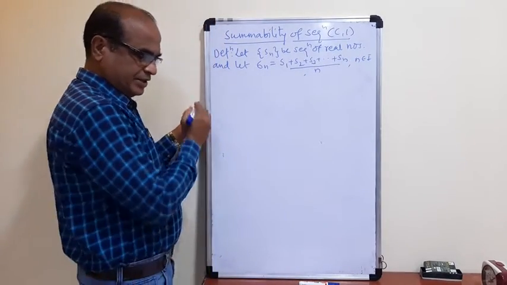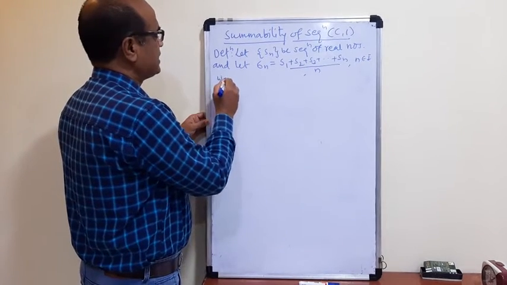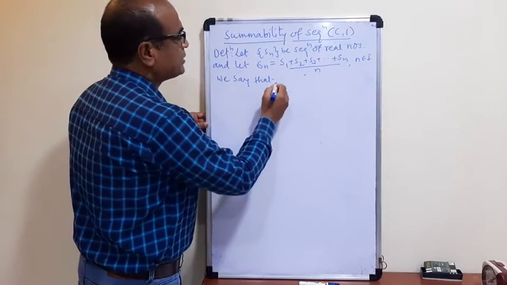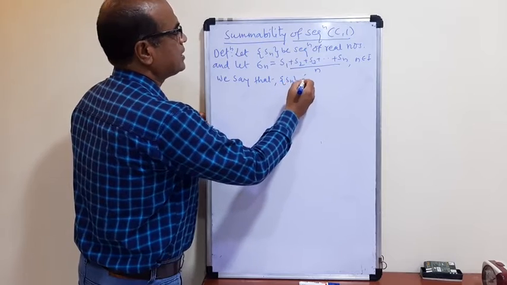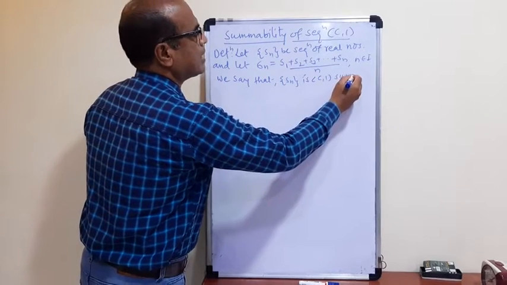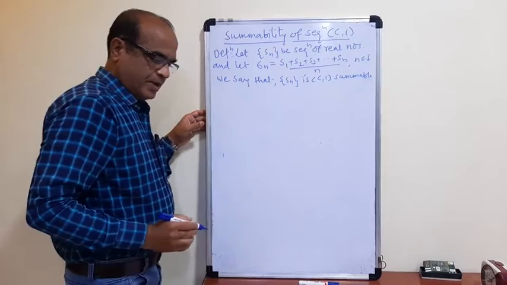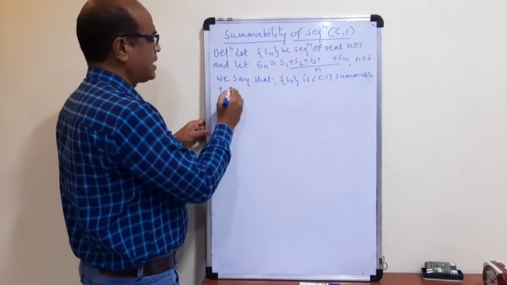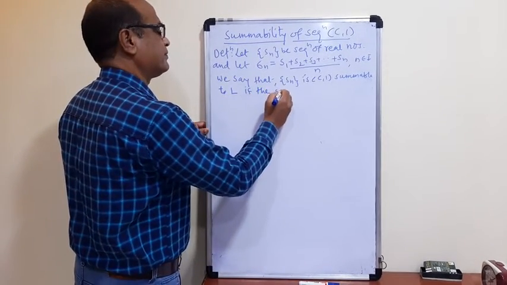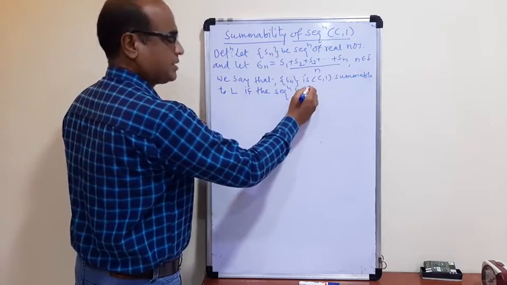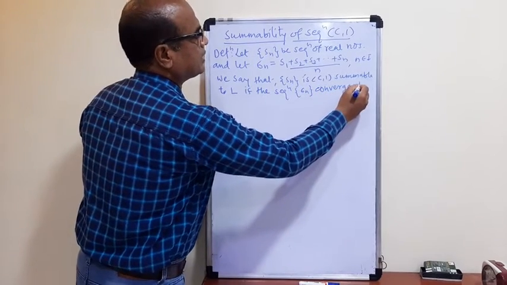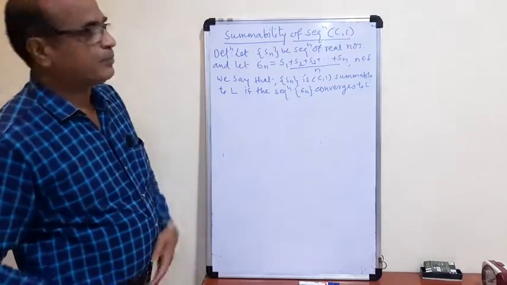So we say that the sequence Sn is C1 summable to L if the sequence sigma n converges to L. Very simple definition.